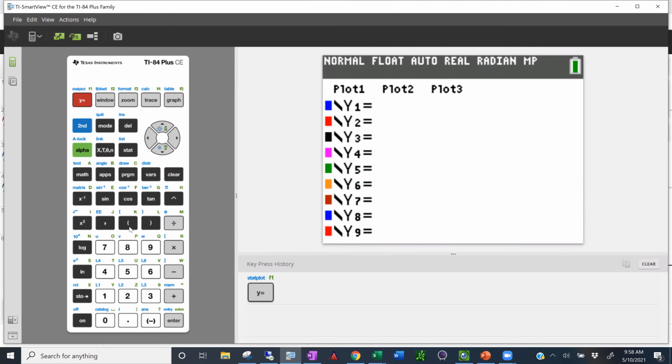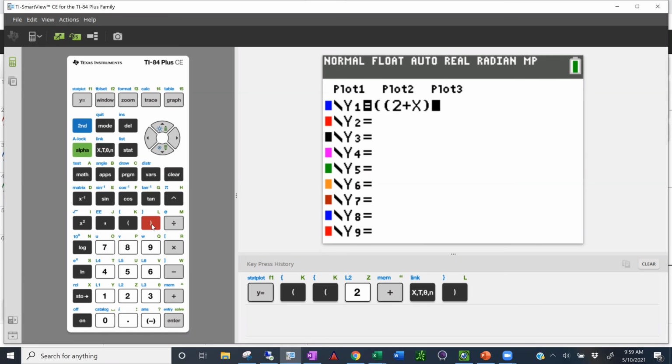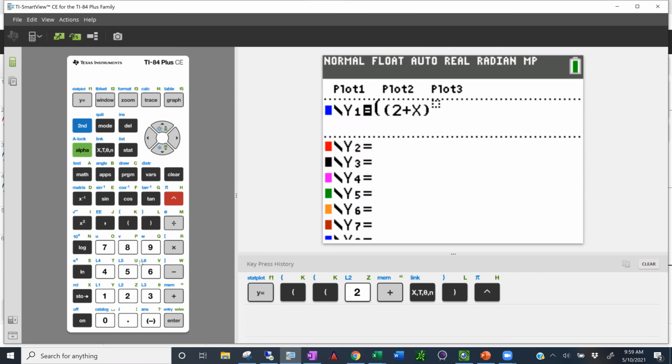The first one we'll do is a basic way that'll work with all the calculators. So I need 2 left parentheses. One is for the entire numerator. The other one is just for that binomial. I want 2 plus x, and then a right parenthesis, raised to the 5th power. So that's that character up here, raised to the 5th power.